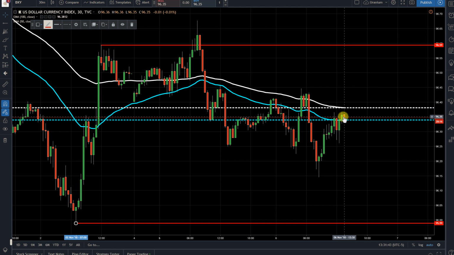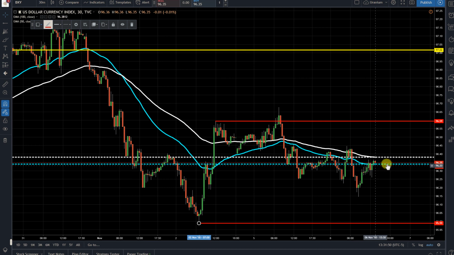If we could stay either below the moving averages or get above as of right now, looking at the price action, chances are we keep getting buyers buying the dollar. It defended 95 here, so chances are it might go higher.